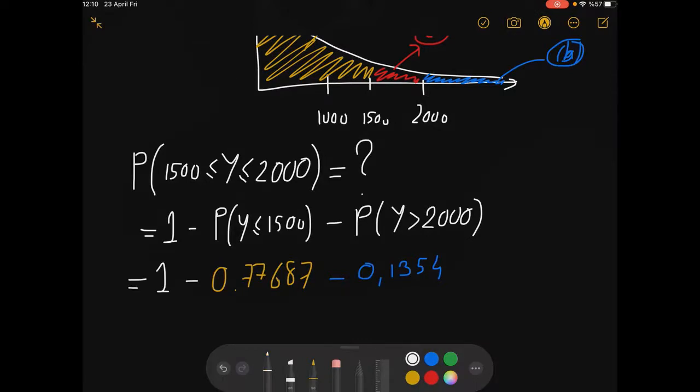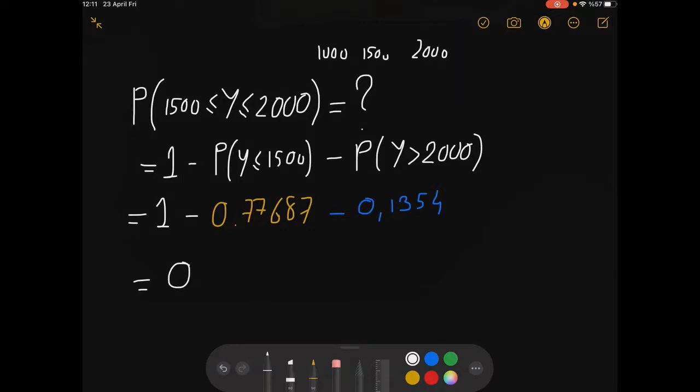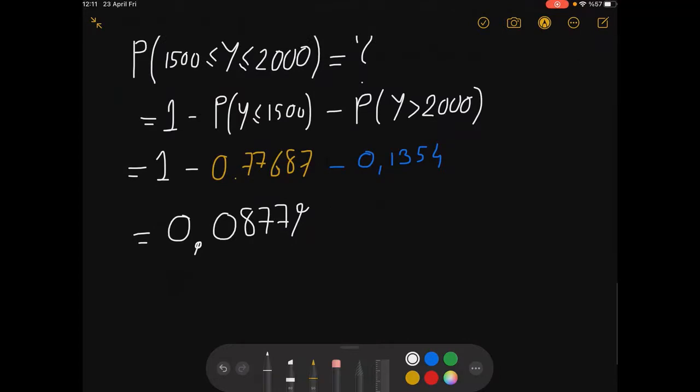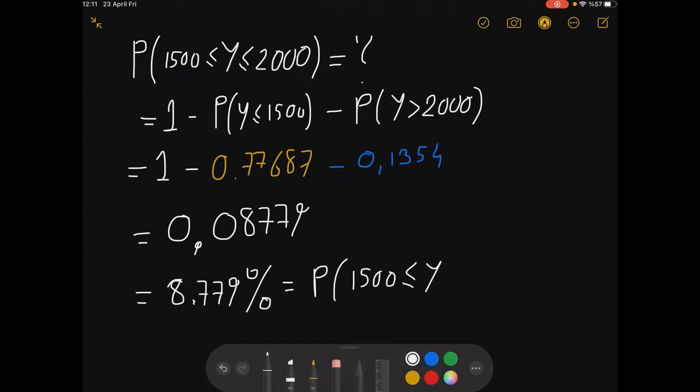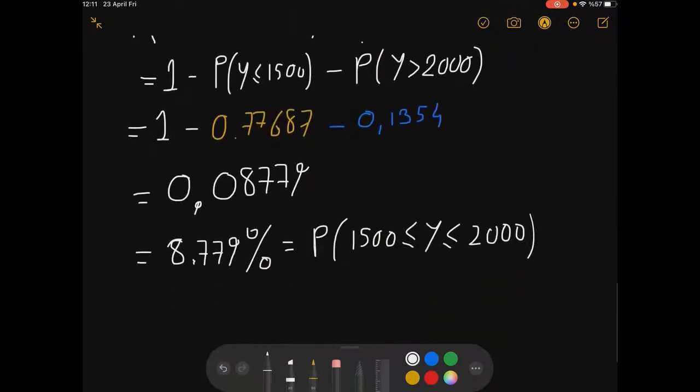So when you subtract it from 1, since you have a calculator, you will have a value like this, 0.08779, and it is roughly 8.77% probability. That would be the probability for between 1,500 operation hours and 2,000 operation hours here. Okay, that would be your D part.